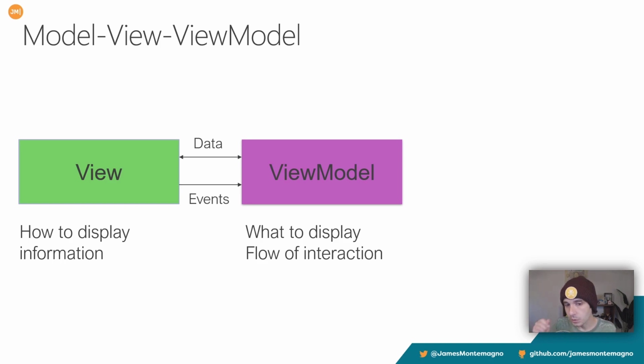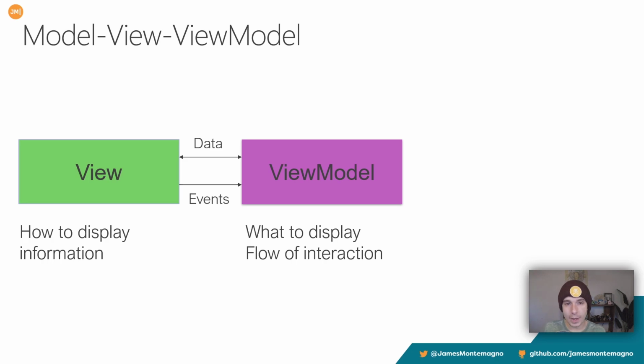Now our view model, you can think of this as the code behind of your view, but it's most likely going to be abstracted into a separate file, which can be easily unit testable. So here's how the flow goes. The view can send data over to the view model and vice versa. But the view will always send events.